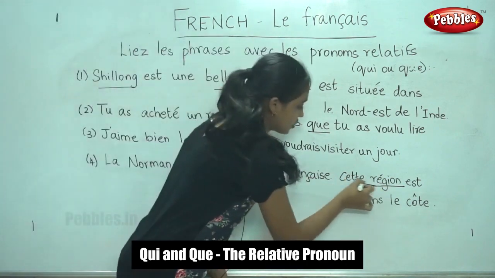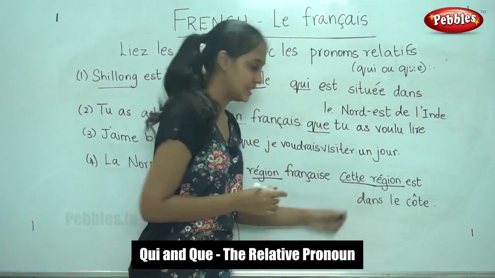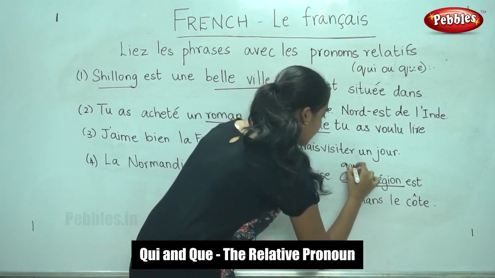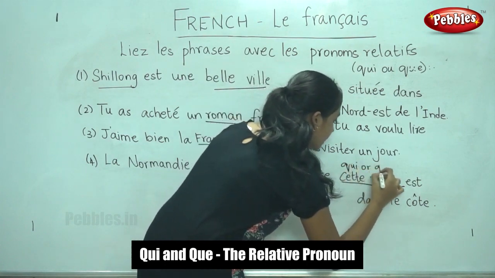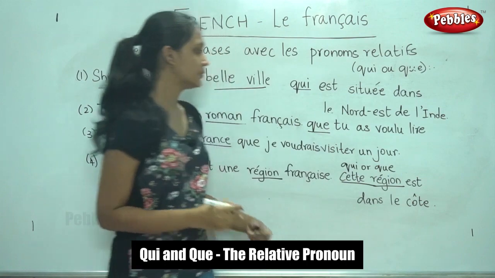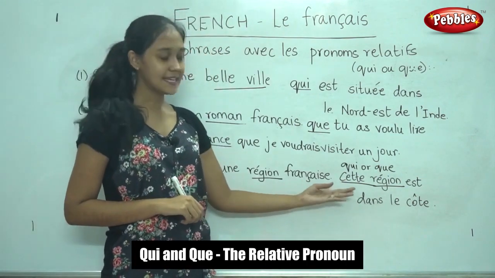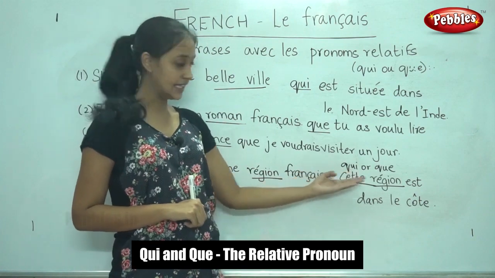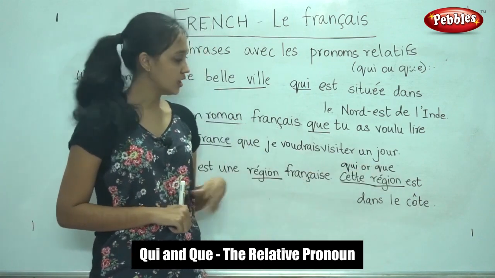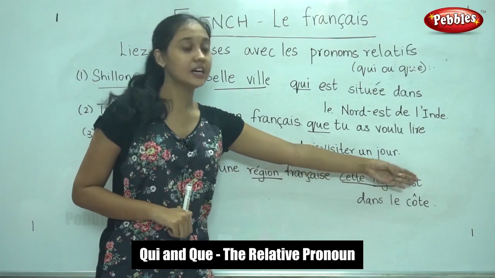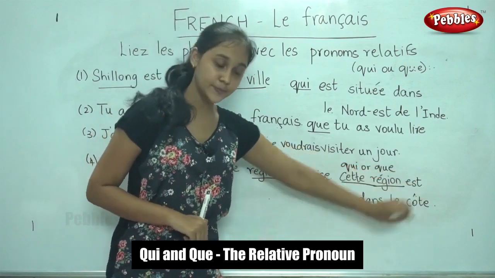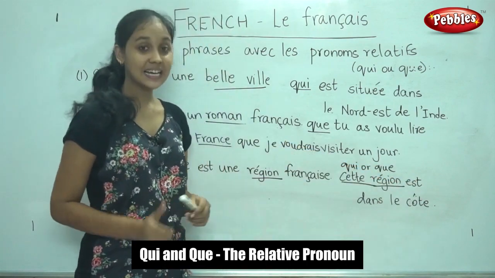So this region. We are going to replace this with qui or que. Right? So now look at the sentence and tell me whether we will write qui or que. It is followed by, yes, it is followed by a verb. Therefore we write qui.